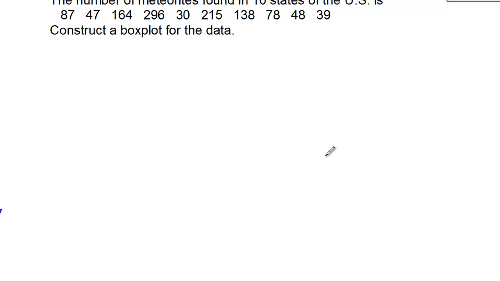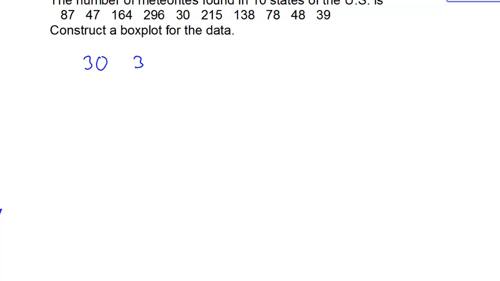Well, the first thing that we're going to do anytime we look at this is we're going to put our data in order from least to greatest, just like we do where we are looking for the quartiles, percentiles, everything. Because what we're going to actually do is we're going to find our quartiles. And so I have to first have it in order from least to greatest. So let's go ahead and put the data in order from least to greatest.